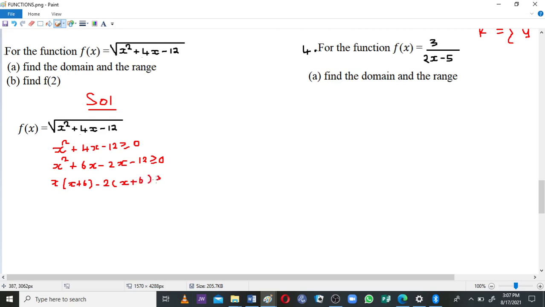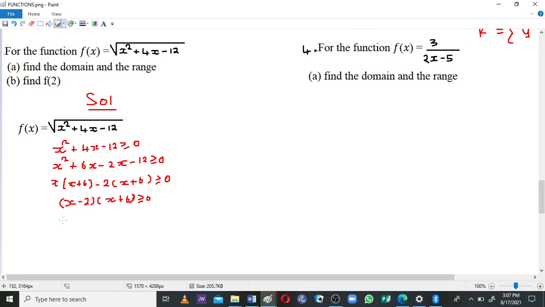Okay, this should be greater than or equal to 0 again. So we're going to have x minus 2, open, we're going to have x plus 6. This should be greater than or equal to 0.